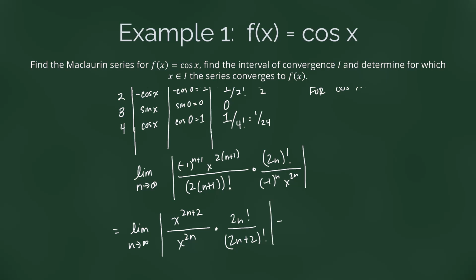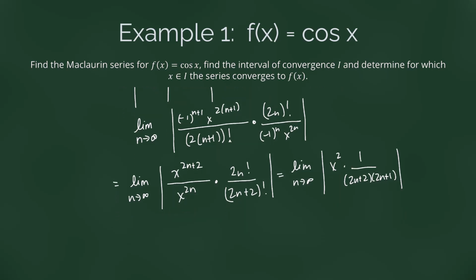That gives us the limit as n goes to infinity of the absolute value of x squared times 1 over 2n plus 2 times 2n plus 1, using the fact that 2n plus 2 factorial is 2n plus 2 times 2n plus 1 times 2n factorial. Well, if we take that limit as n goes to infinity, we get 0.